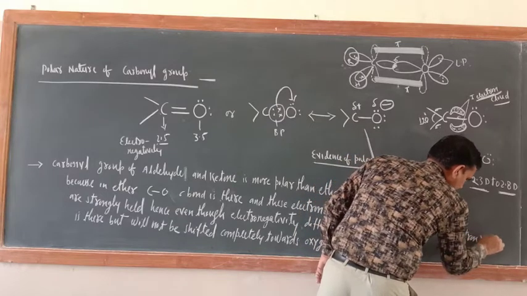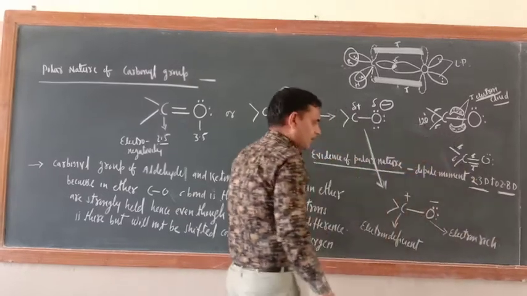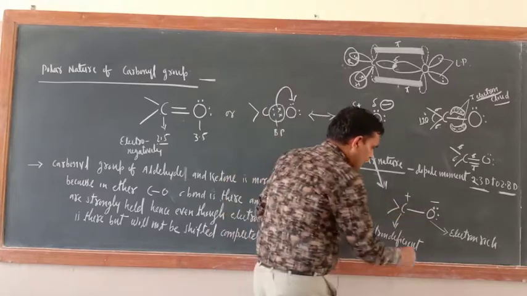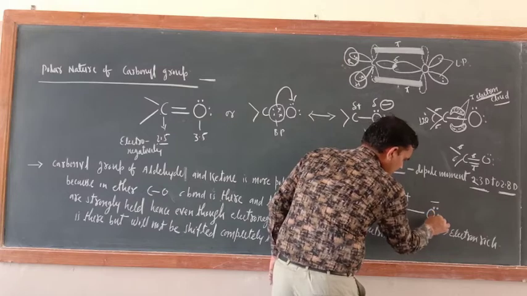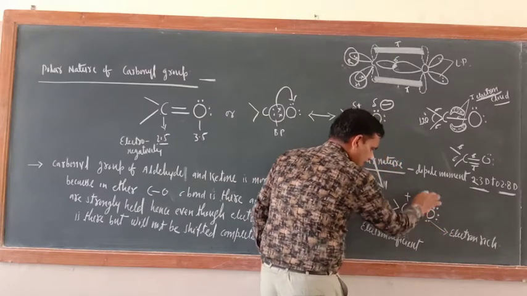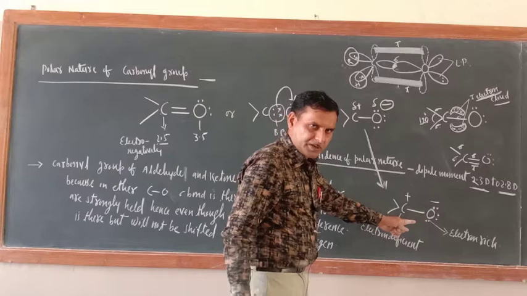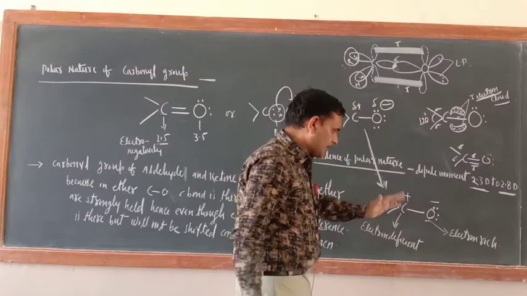Electron rich center. Because here electrons are there, here one more pair you have to make. These are lone pairs, and this bond is shifted here due to more electronegativity of oxygen. So this is the electron rich center.